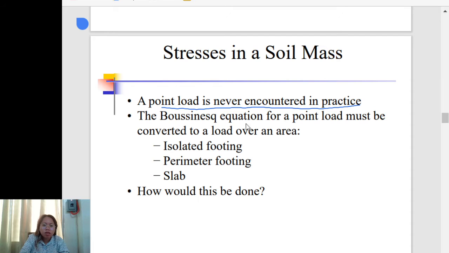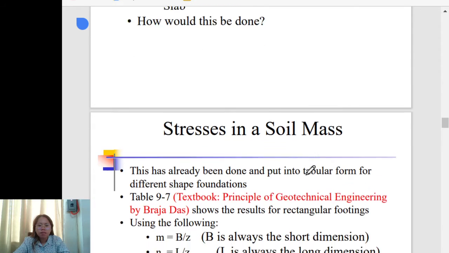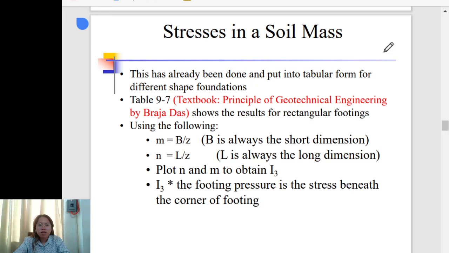But the Boussinesq equation can also be used if the load is on an isolated footing, perimeter footing, or slab. How would this be done? This has already been done and put in tabular form for different shaped foundations.